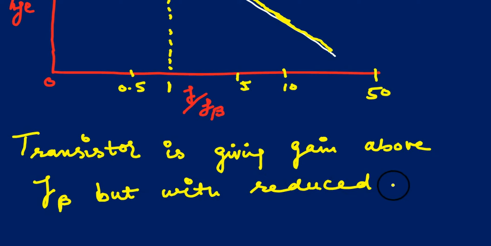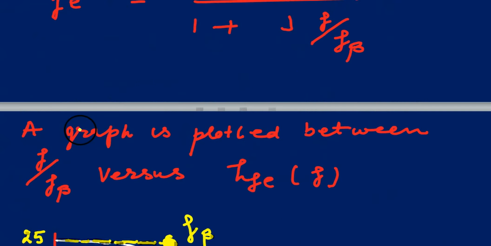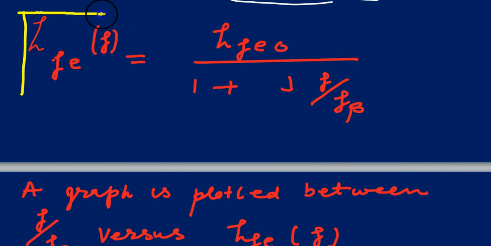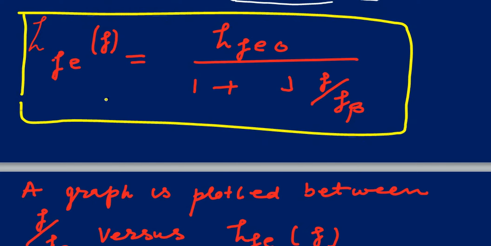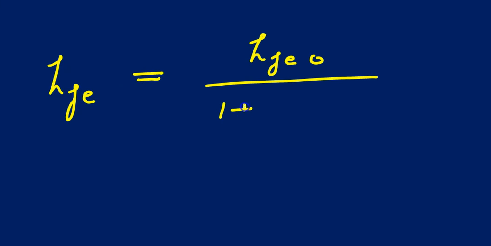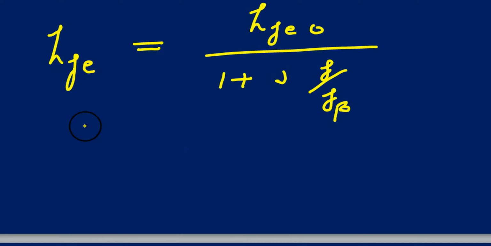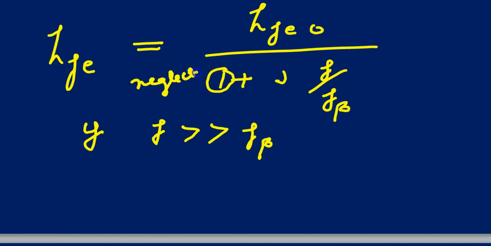There is a gain when frequency is more than F beta, but it is becoming less and less. So this is a very important relation. Now if F is greater than F beta, 1 may be neglected.